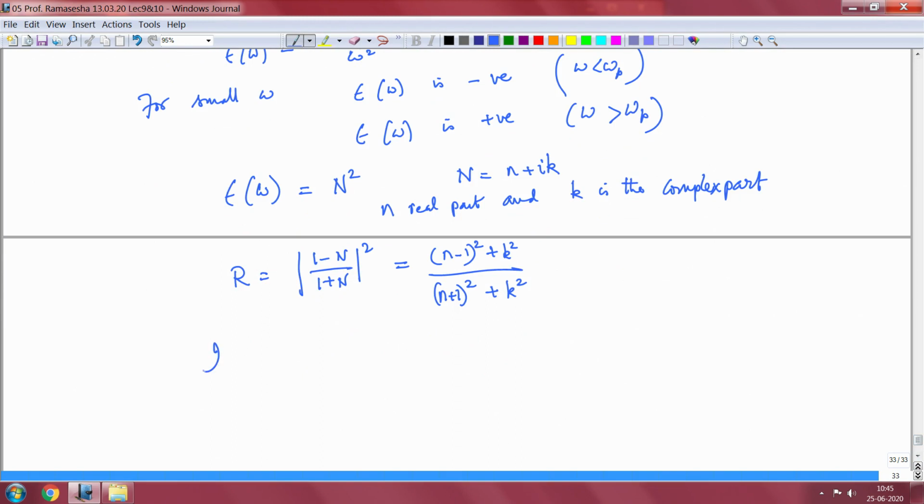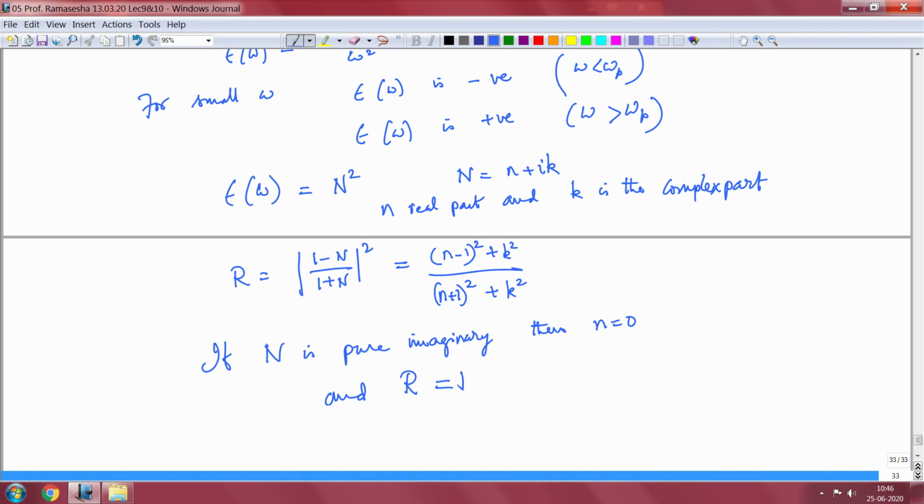If N is pure imaginary, then small n is equal to 0 and reflectivity R is equal to 1.